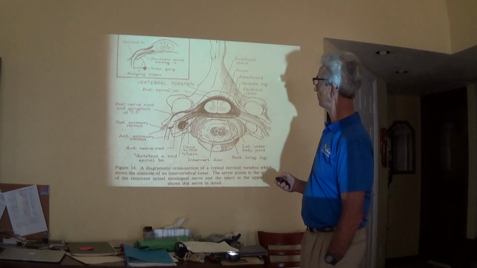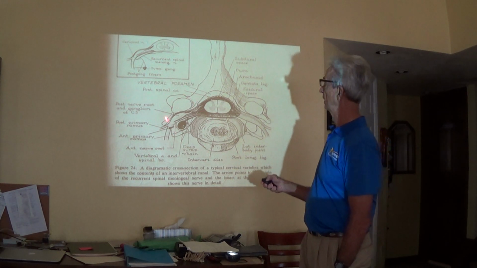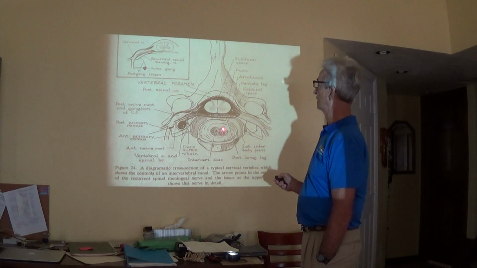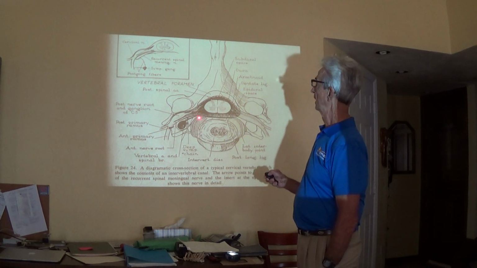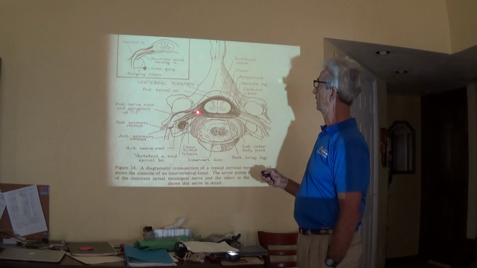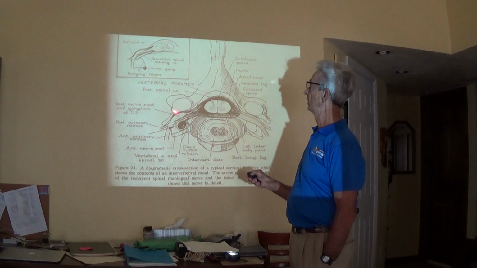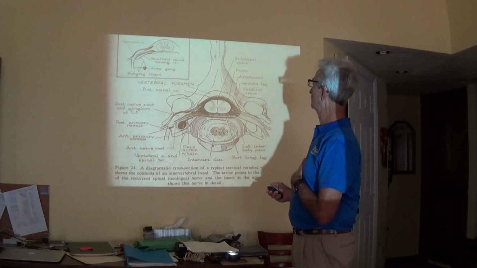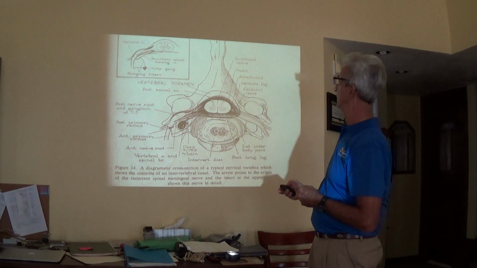And the causes of them can be anything in all these tissues. The main thing causing them, of course, is the disc and protrusions of the disc and spurring and hypertrophy of the joint of Luschka and/or the facet joints. So we want to be real cognizant of that.